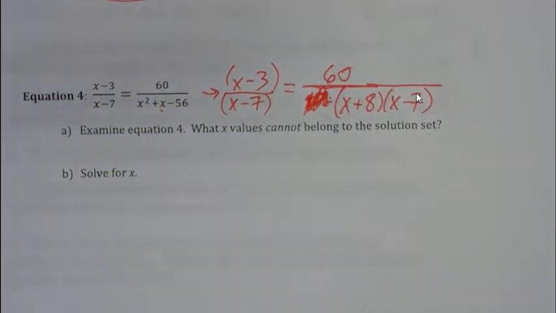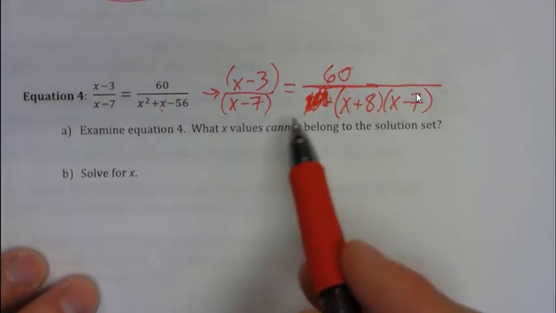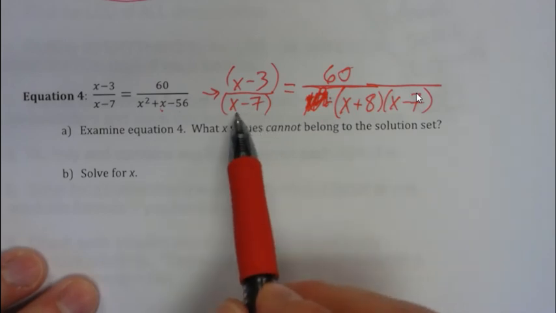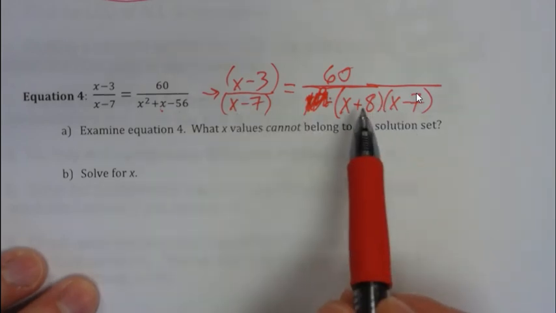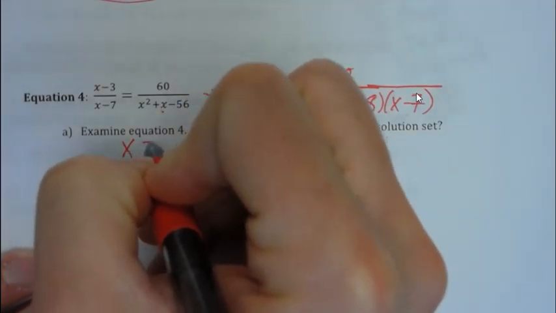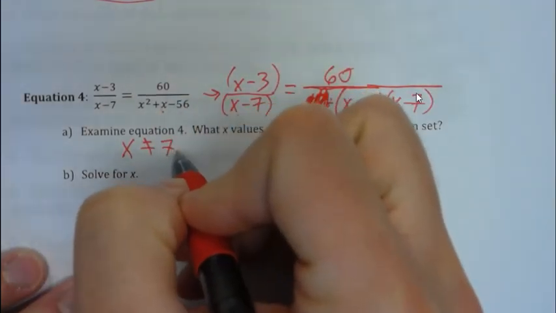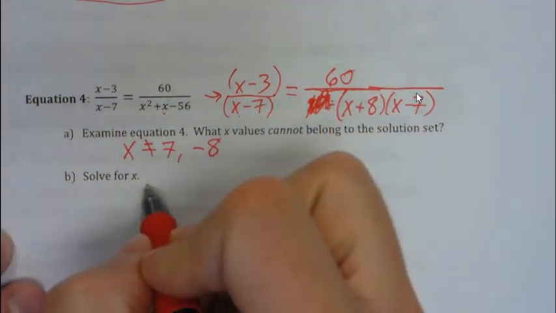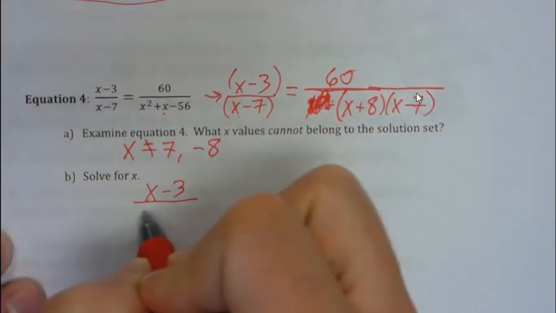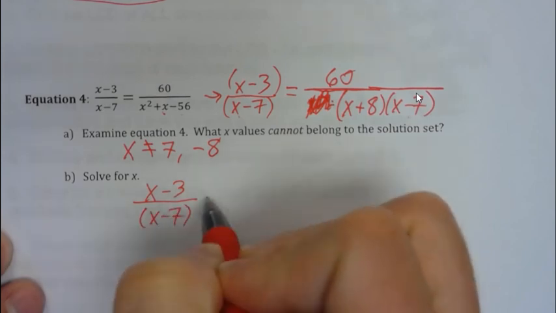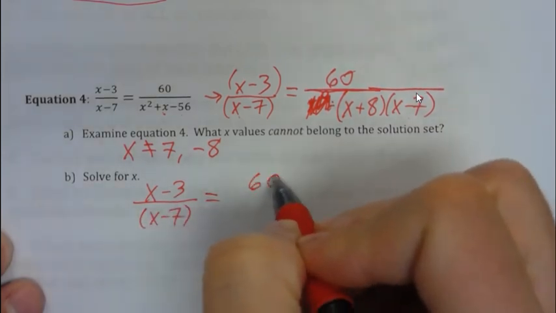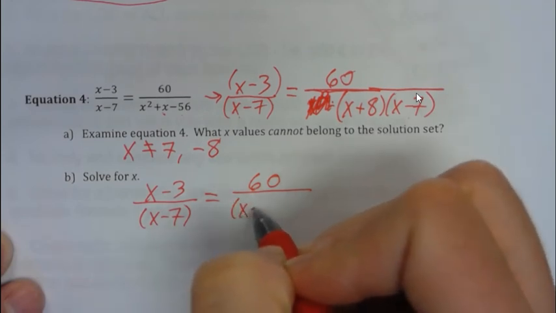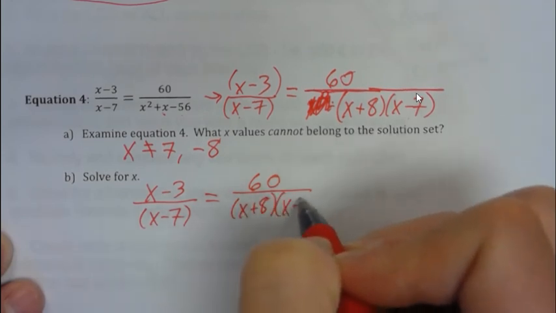Okay, so now if we are going to solve this, we need to figure out what we can include. So we don't want 7 because that will make this 0, and this is the same one over here. We also don't want negative 8. So x cannot equal 7 or negative 8. So if we look at how to solve this, our first step can be to try to get rid of those denominators we have in common.